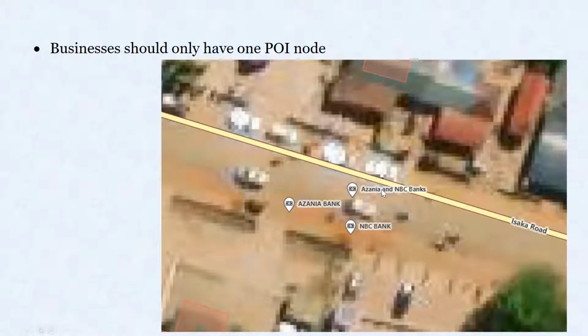But in this case, one of these tags should be removed. Probably this one that says both, because if Azania Bank is different than NBC Bank, you need to have them as separate tags, because if you're a customer for Azania Bank, it doesn't matter. You want to be able to search for just that. So in that case, you would have two tags, because they're different features.